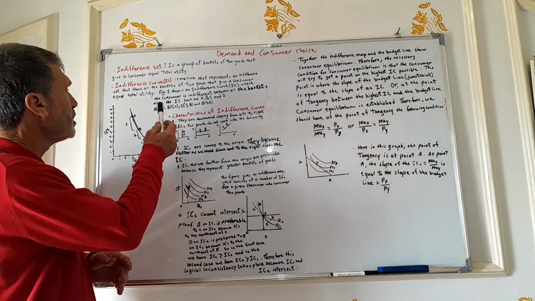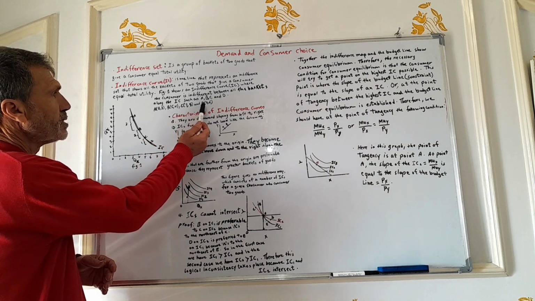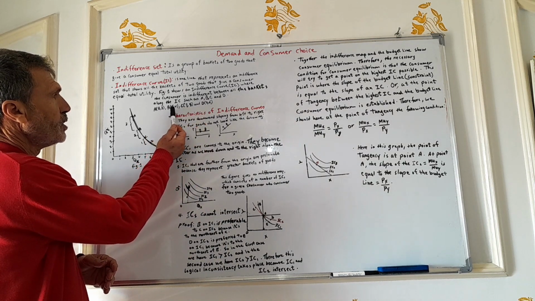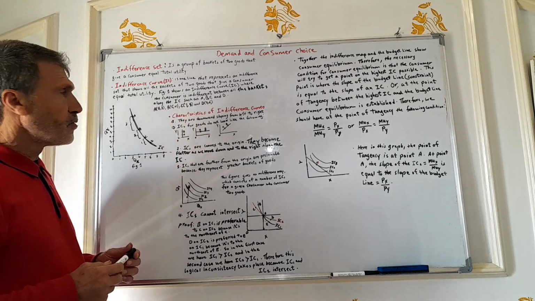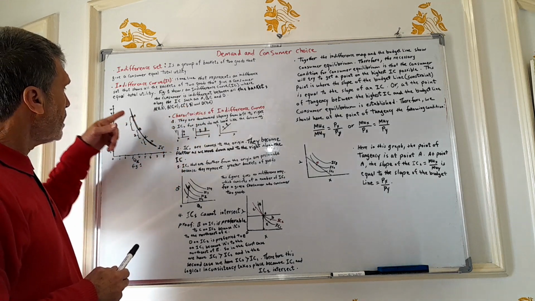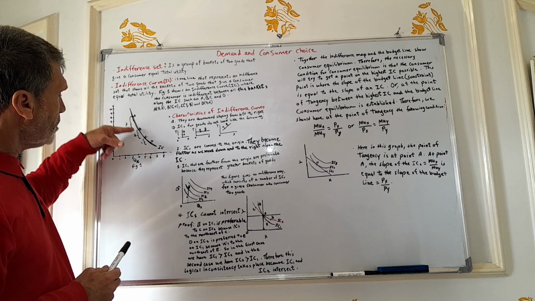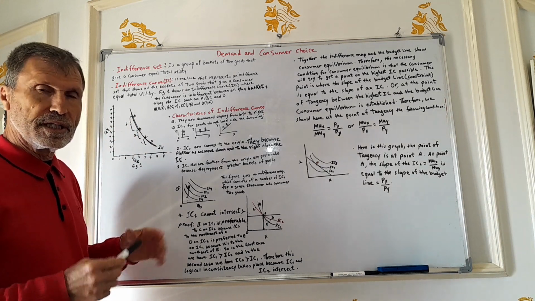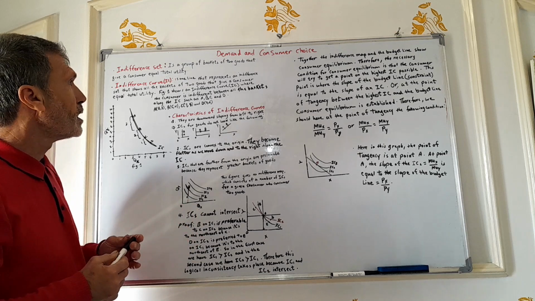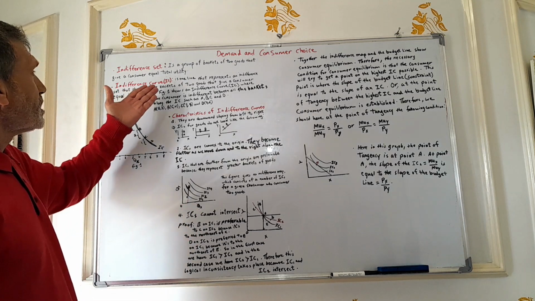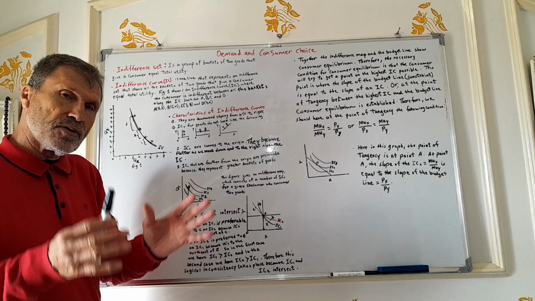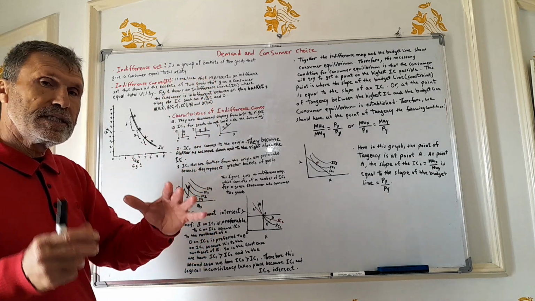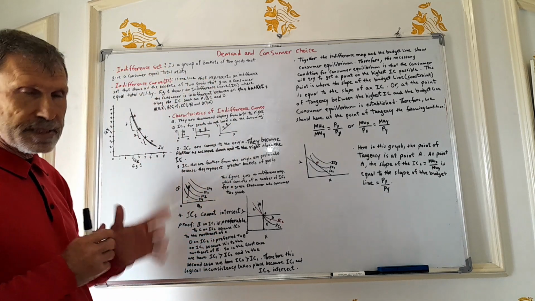For instance, over here, this is a group of baskets, basket A, B, C, and D. They are along this indifference curve, and they give the same level of utility.